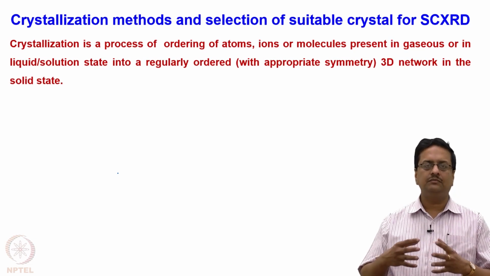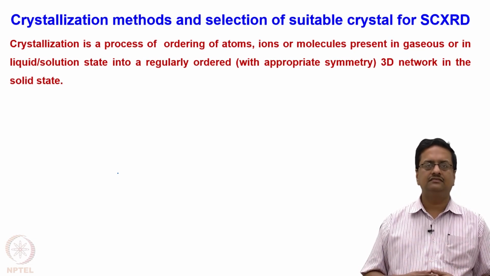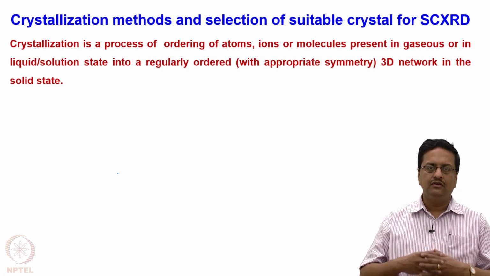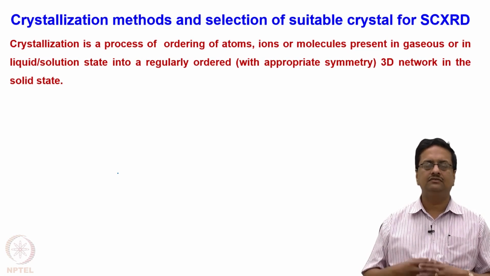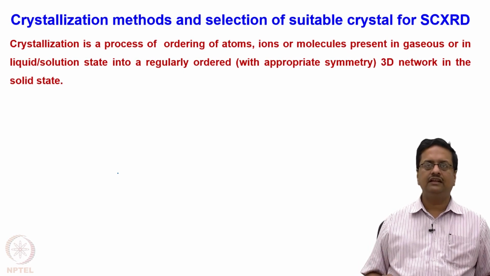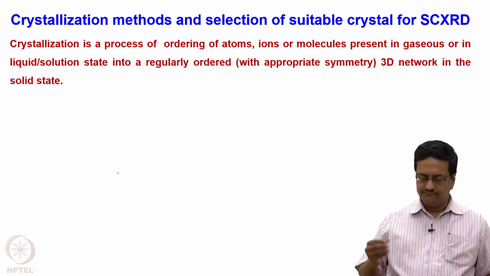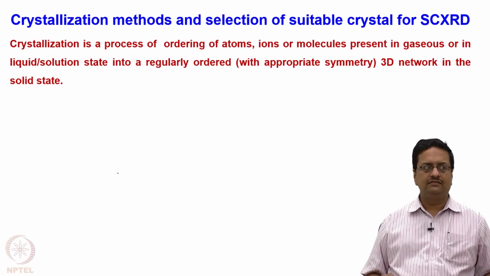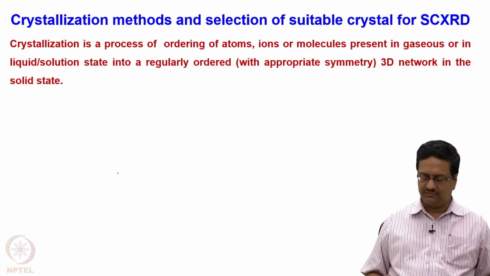As you know, one can only crystallize compounds in 230 different ways to generate 230 different space groups. This ordering is very crucial when you start from a gas phase or a liquid state of any particular compound.